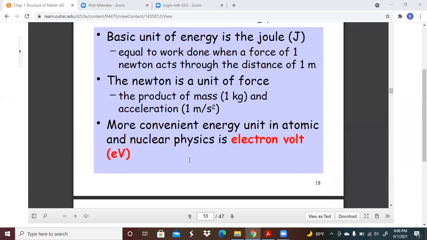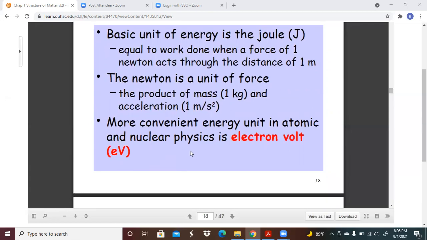A more convenient energy unit in atomic and nuclear physics is the electron volt. When we're looking at things at a very small level, this unit comes into play. These other units are usually good for everyday objects, and these are just very small everyday objects.